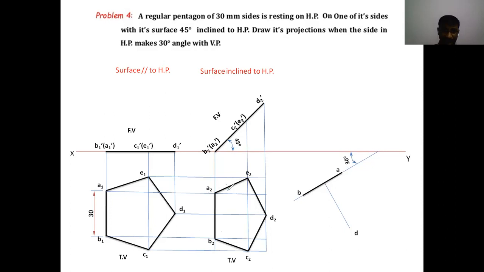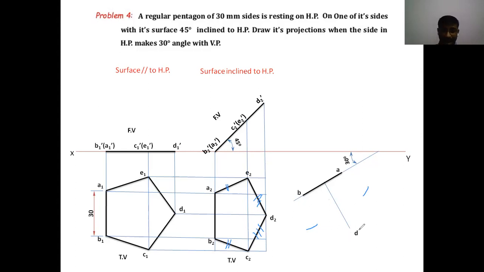These two are equal lengths, and these two are also equal lengths. First of all, take A2 E2 or B2 C2 as a radius, with B as a center and A as a center, and draw one arc here and another arc here.